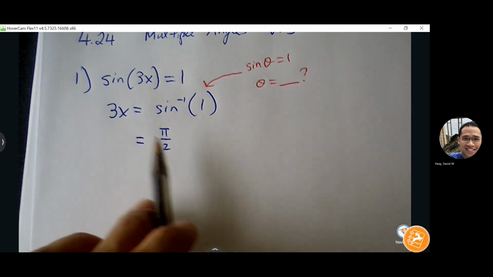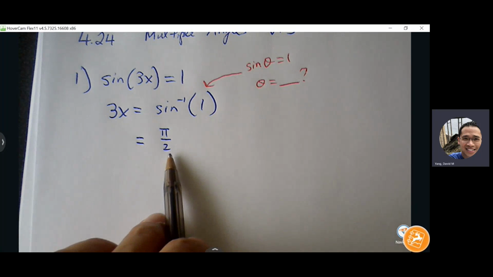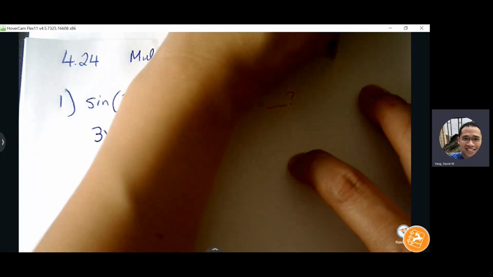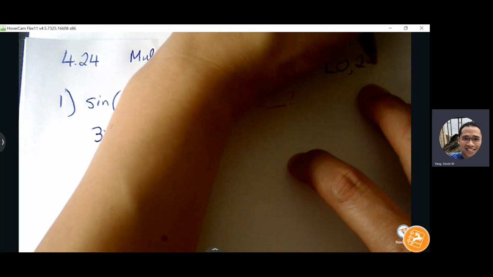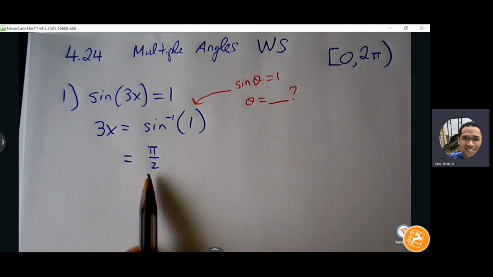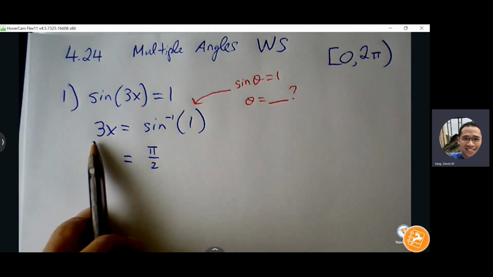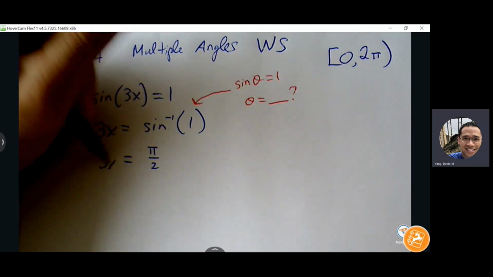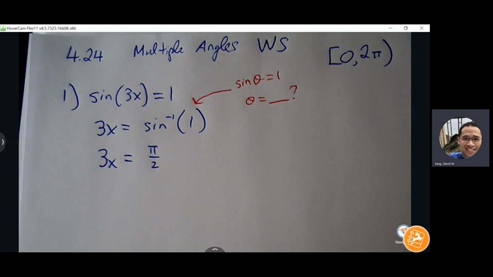However, we want to add more than just pi over 2, because it says find all the solutions from 0 to 2 pi. Pi over 2 is the only solution right now, but we've got to divide by 3. And when we divide by 3, all of our solutions are going to shrink.